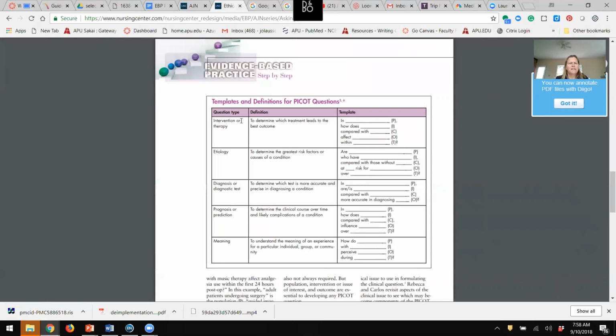So this is important really to identify the type of question you're asking, because as we see later, that will direct us towards what type of evidence that we need. And then you can use this template here to develop a PICO question.